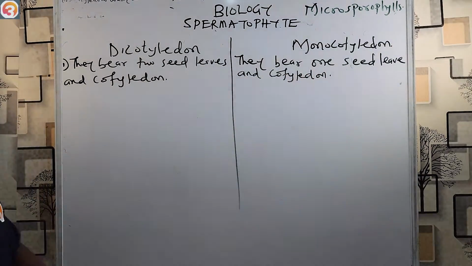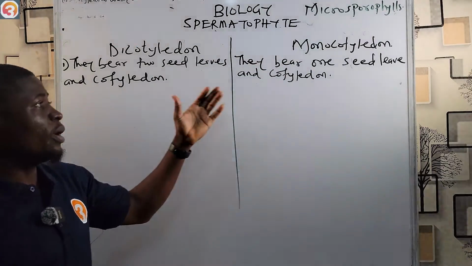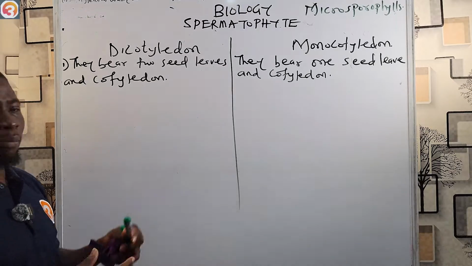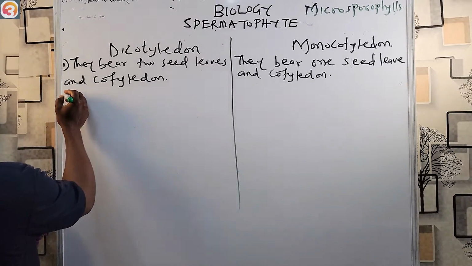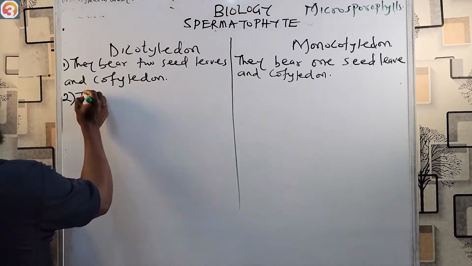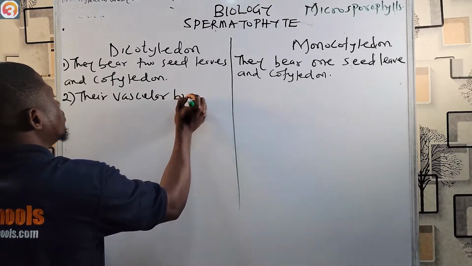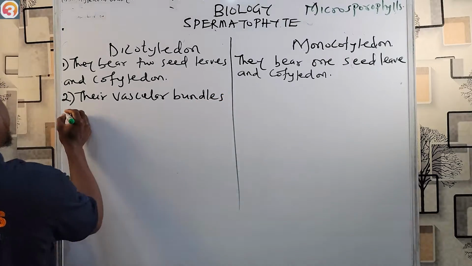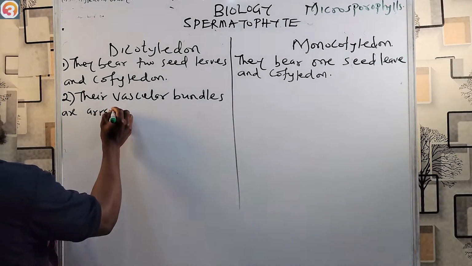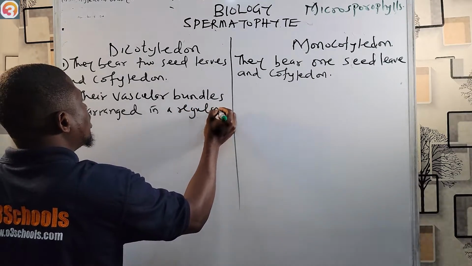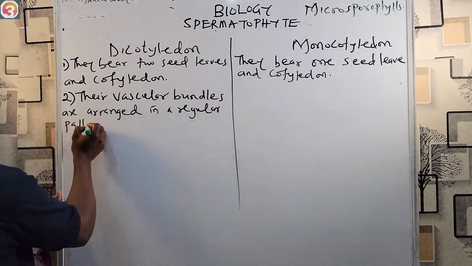Okay, so this one bears two seed leaves, the cotyledon, while this one bears one seed leaf, and what? And cotyledon. Now, also, their vascular bundles are arranged in a regular pattern. For the dicot, their vascular bundles are arranged in a regular pattern.